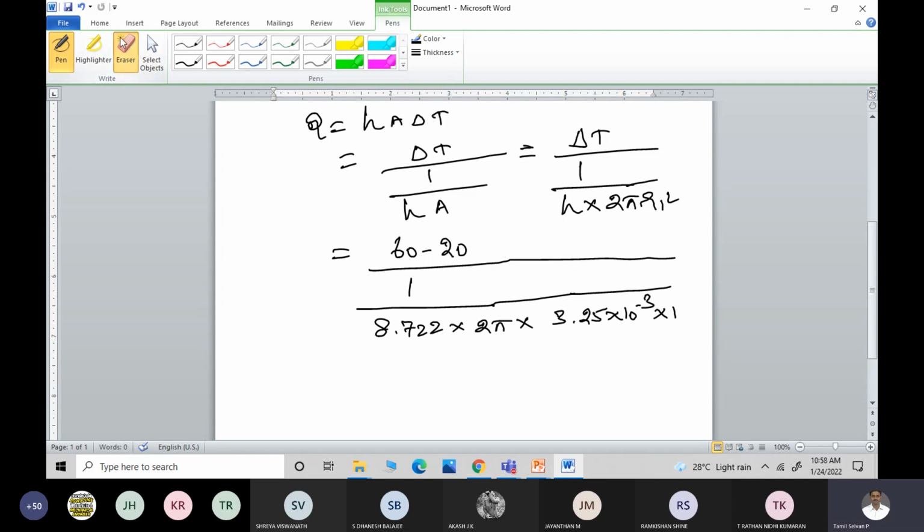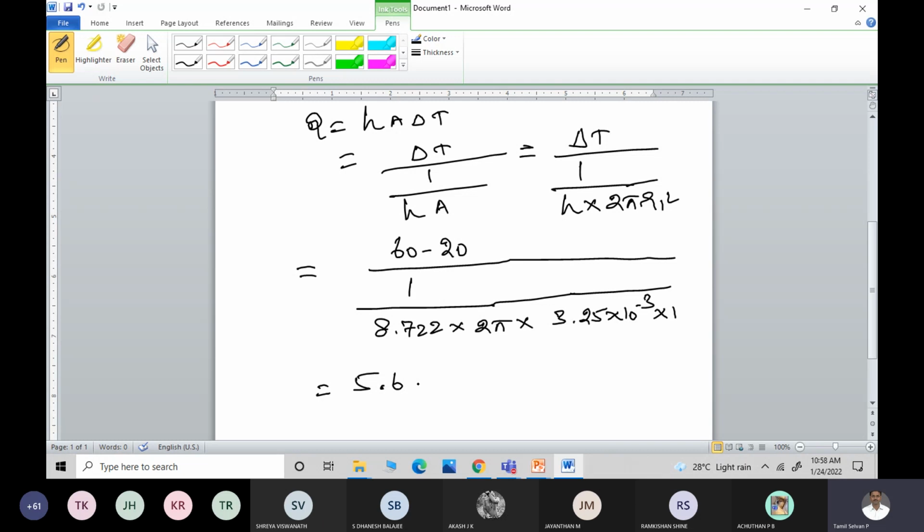Students, how much are you getting? It won't be in kW, the Q value is in W per m. It's 7.13 watts.